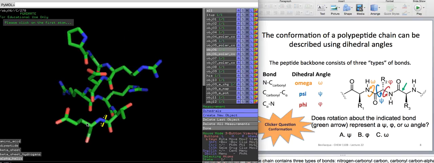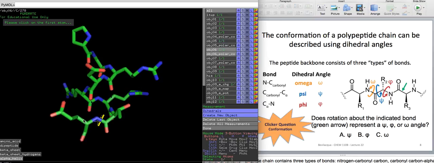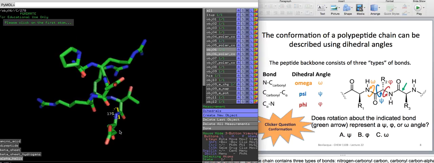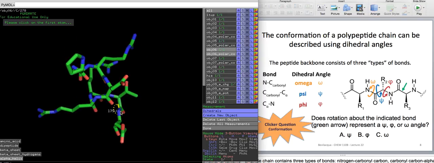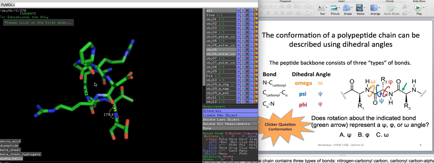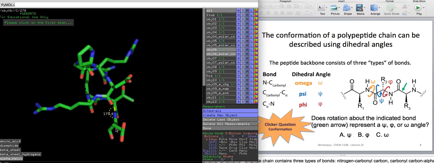Okay, or about 180 degrees, meaning that the C alphas are trans with respect to that peptide bond, and I can see that. So if I turn this guy so that I'm looking right along atoms 2 and 3, then I can look at the alpha before and the alpha after, and I can kind of see that they're pretty much at 180 degrees.